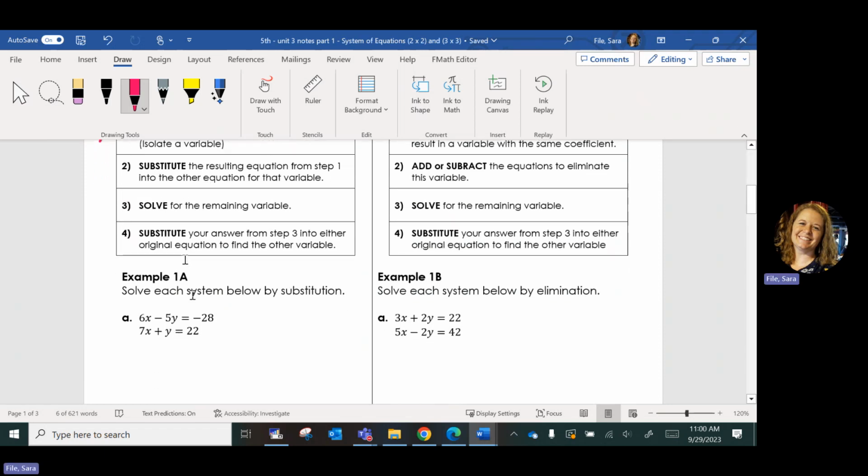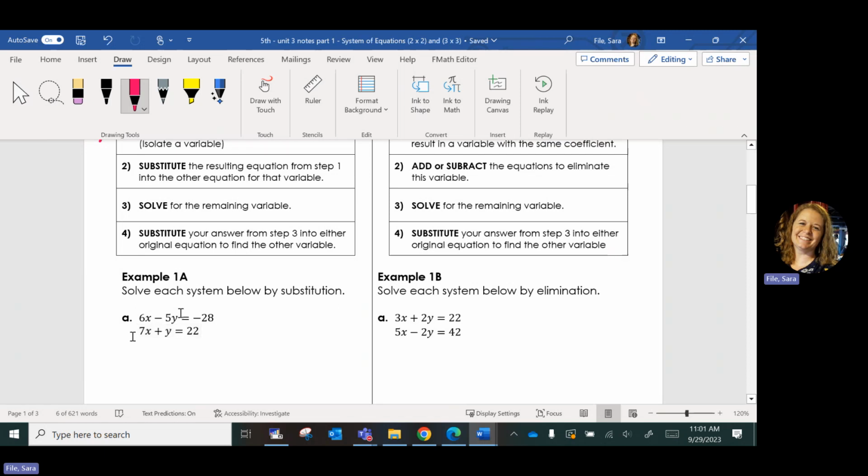So if we look at example 1a here, looking at my x terms and y terms, sometimes there's not one that's easier, and you just got to pick one. In this case, one of those variables looks like it's going to be easier to solve for. What do y'all think? Yeah, the y in the second one right here, because it's positive and there's no coefficient.